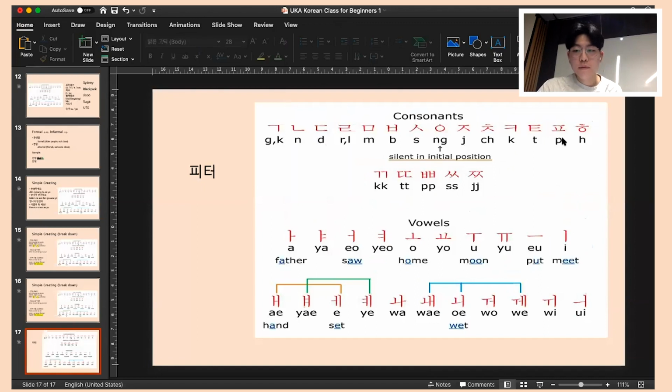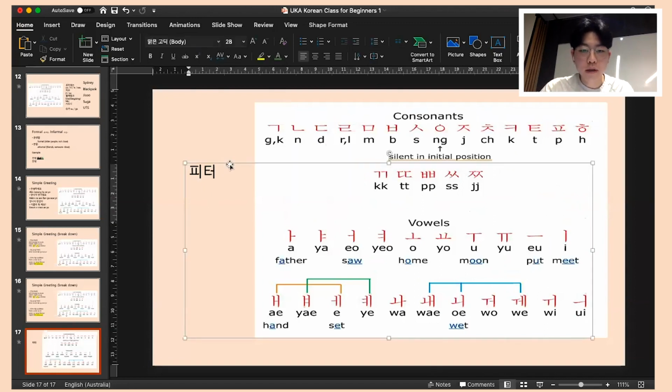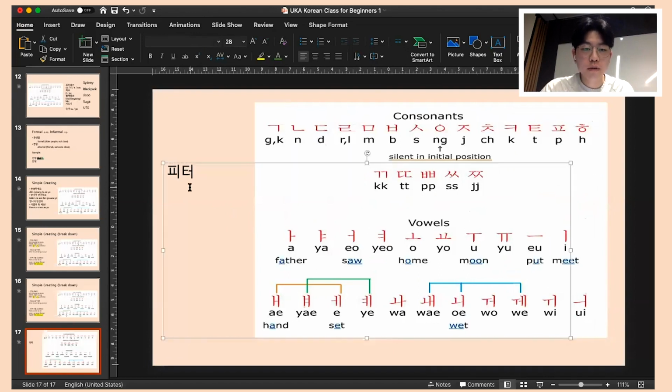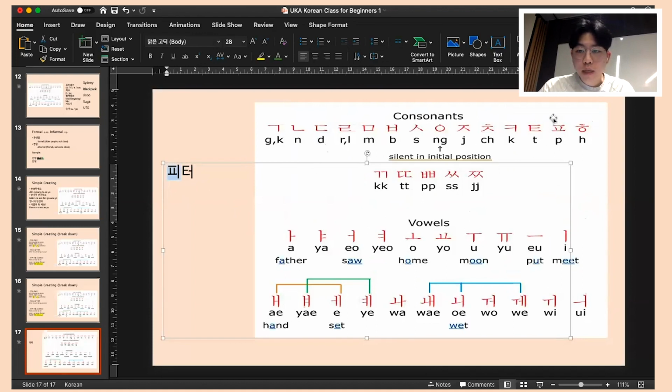I'll quickly write the English pronunciation here. So first P sound, I, T, and E-O. P, I, T, E-O. Peter is how you say Peter.